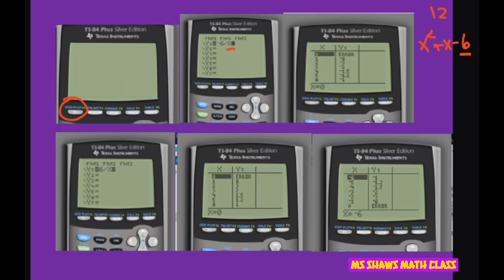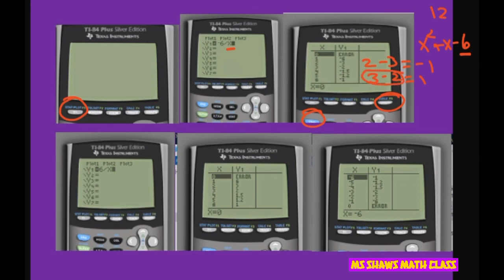Then you do second table. Here you go. And it gives you the factors, so we can see that 2 minus 3 equals negative 1, and 3 minus 2 equals 1. So those would be your factors.